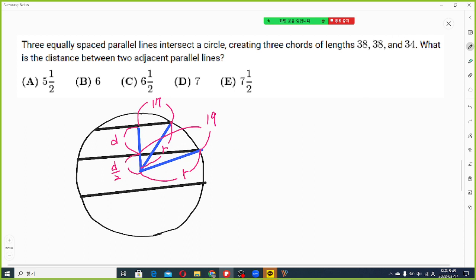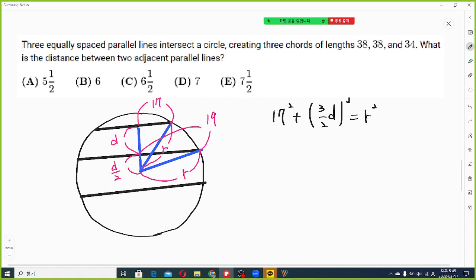So now we can make two Pythagorean theorems because there are two right triangles. For the triangle which has the 17 side length, we can make this Pythagorean formula.